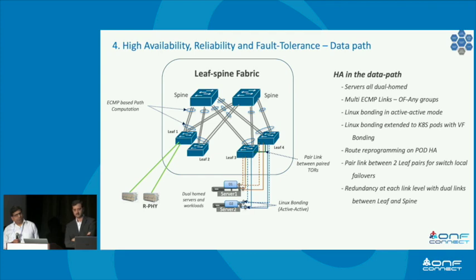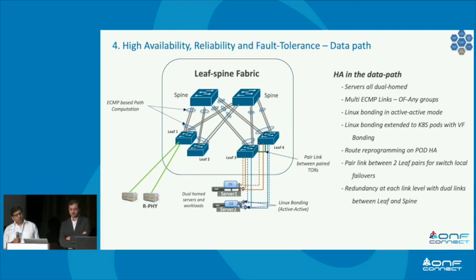And the link between the leaves helps with what Vignesh was explaining. It was about local recovery. Imagine those two leaves that are paired to each other. They're connected to, say, 48 servers. If you lose one of the links, every other part of the fabric can still reach the rest of the servers through both of them, but only one of them is not able to reach that particular server.